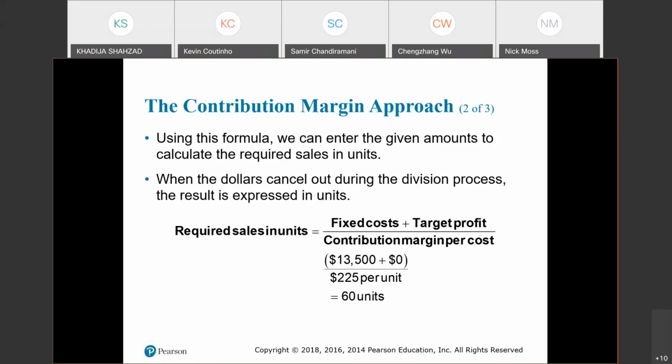If you can remember, the contribution margin equals the selling price minus the variable cost per unit. So we assumed that the selling price per tablet is $500 and the variable cost per tablet is $275.